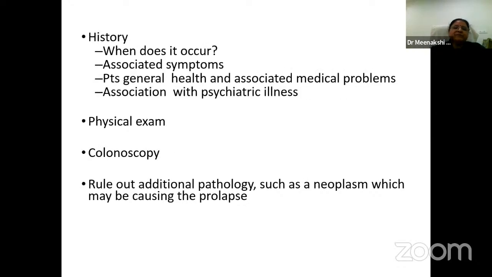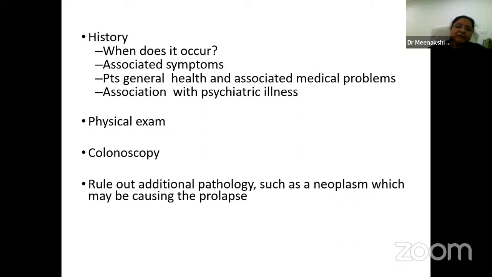Now, when the patient comes to you, how to go ahead with it? The history is important, like when does it occur, what is the associated symptomatology, then the patient's general health and associated medical problems we must ask for, then whether there is any association with psychiatric illness. Then the complete physical examination is very, very important.